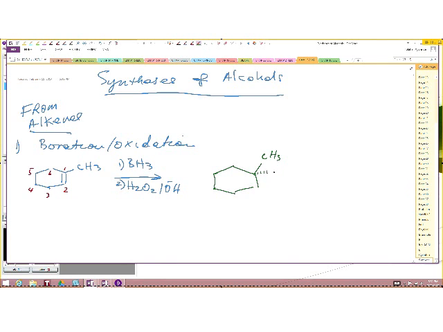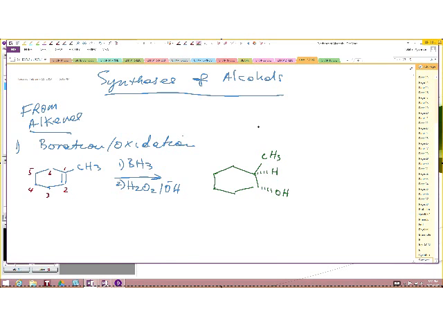Just so happens that this reaction is stereospecific. In other words, we are going to add water across the carbon-carbon double bond, so that the hydrogen and the hydroxy group will be added from the same side of the double bond.